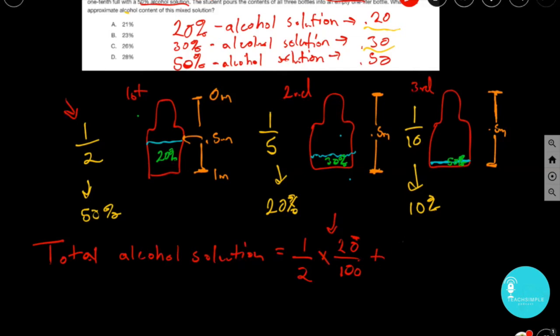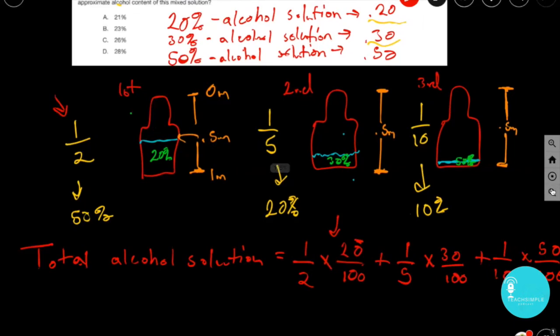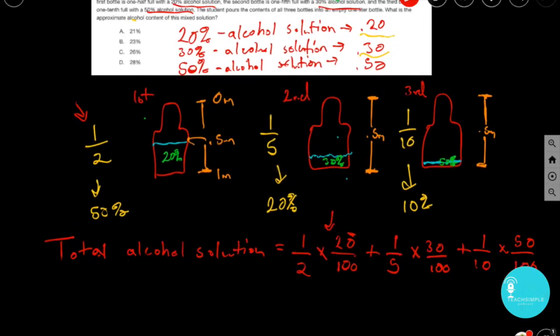Do the same thing here. 1/5 of the second bottle times 30%. 30% is going to be 30 over 100, plus 1/10 of 50%, and that's going to be the same there as well. So when we do that math, we're just multiplying and then adding the fractions.